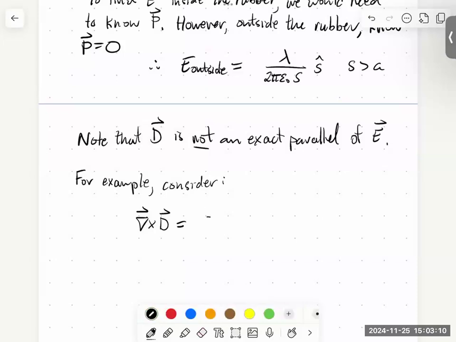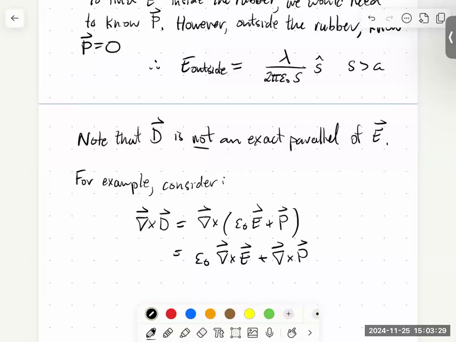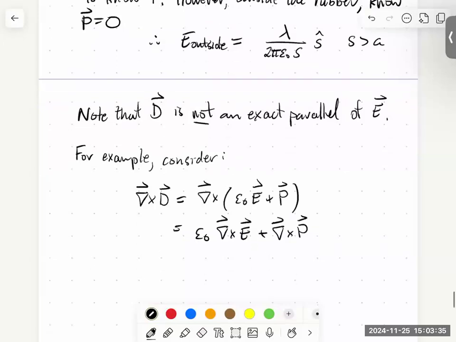Well, that's going to be the curl of epsilon naught E plus the polarization. So that's epsilon naught curl of E plus the curl of P. Now in electrostatics, the curl of E is what? 0.